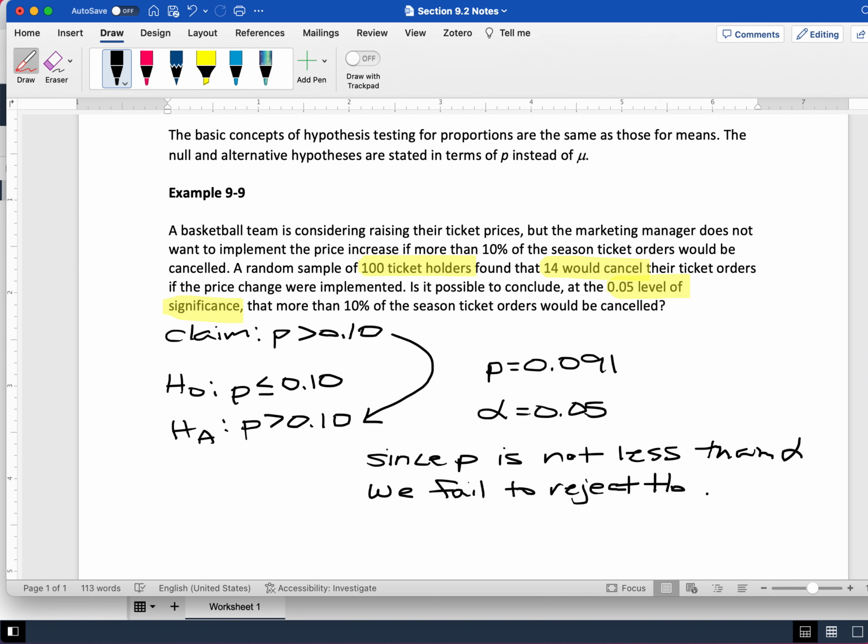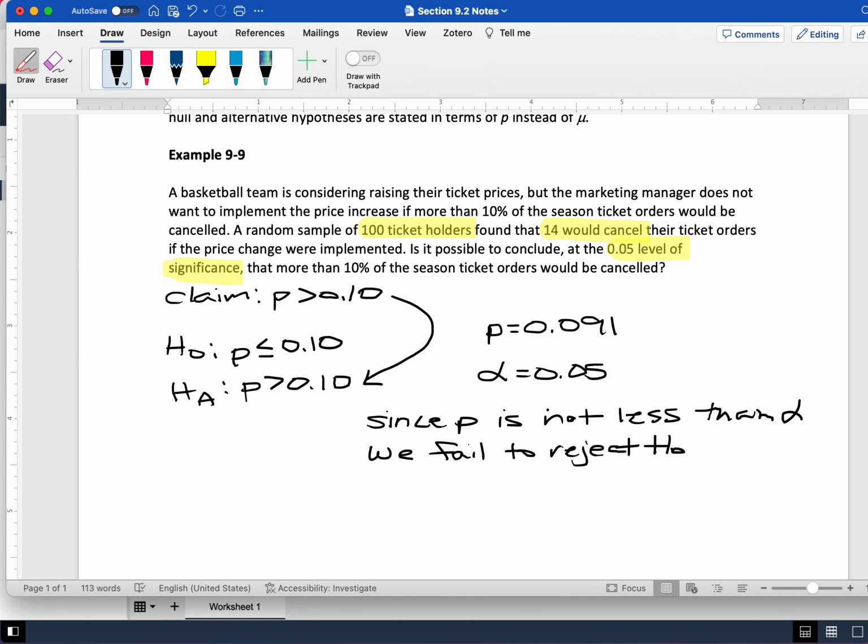And since we fail to reject the null hypothesis, that means we do not have evidence to support the claim, or we do not have evidence that more than 10% of season ticket orders would be canceled. So our conclusion is that we do not have evidence, or sometimes it'll say sufficient evidence, that more than 10% of orders would be canceled.